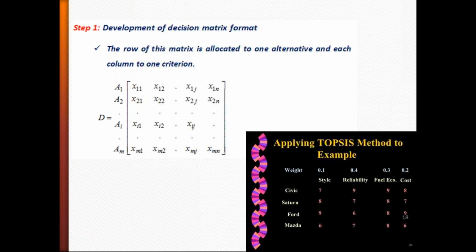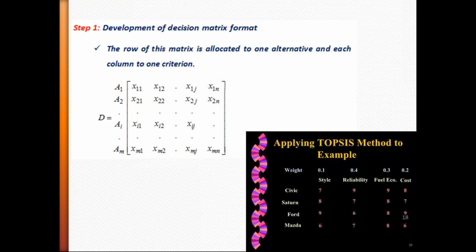Now this represents the mathematical formulation of the procedural steps of TOPSIS. First is development of the decision matrix format. The rows of this matrix are allocated to alternatives and each column to one criterion.